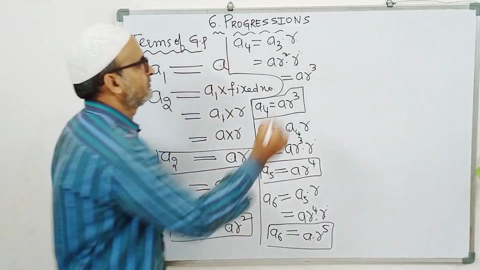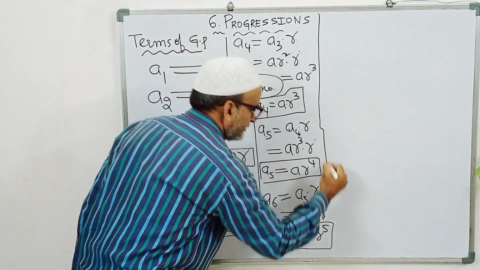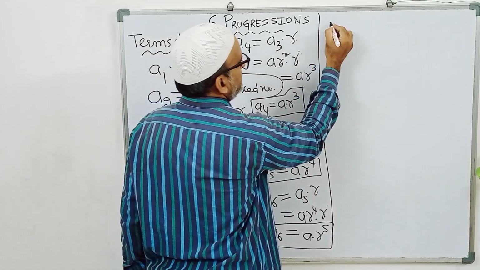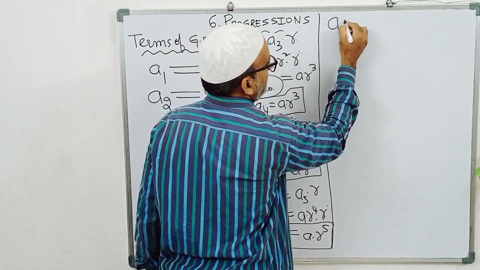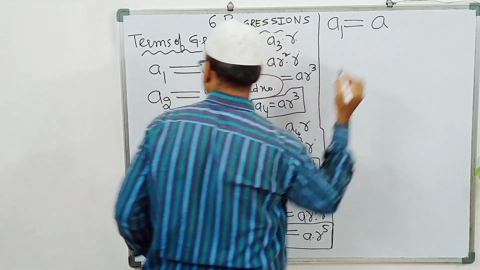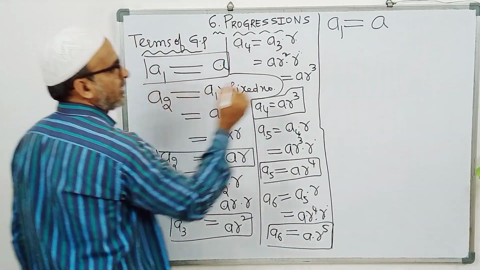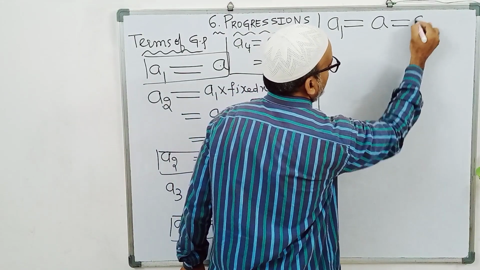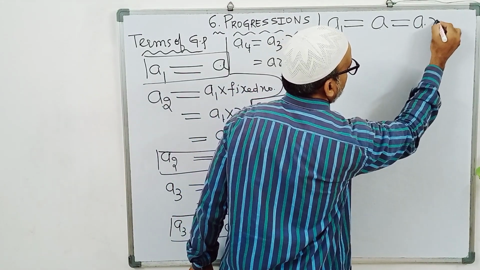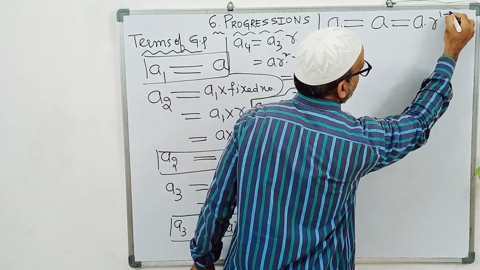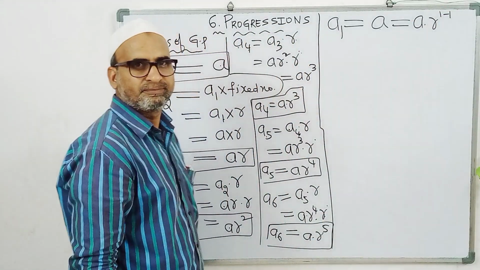Now you see. Generally, a1 is equal to a. Can I write this one as a into r to the power of 1 minus 1? Why?